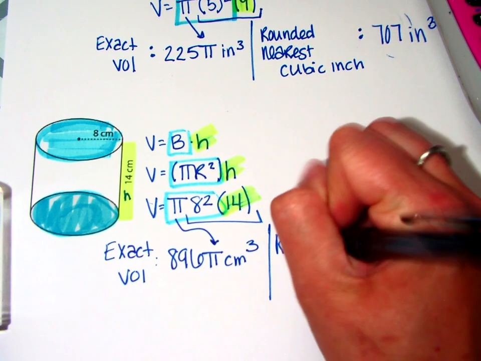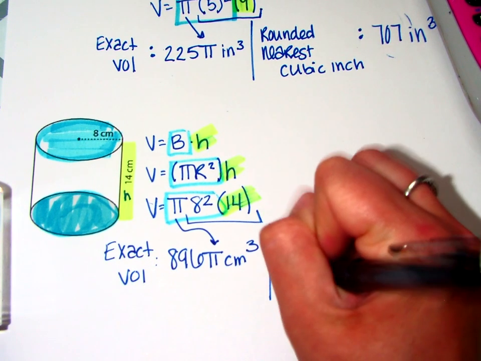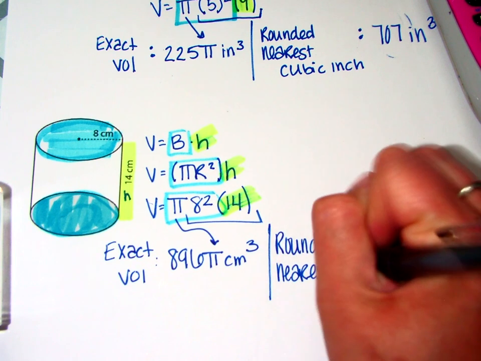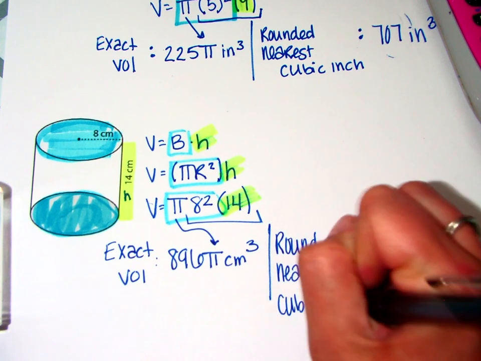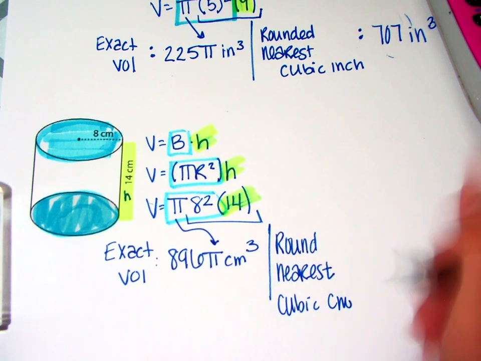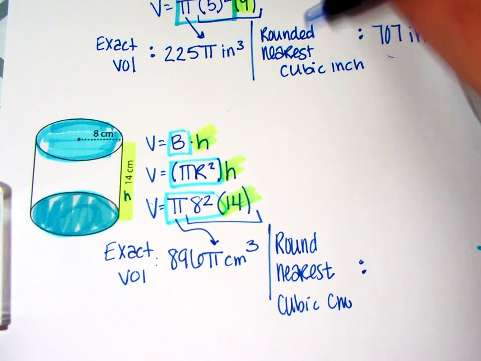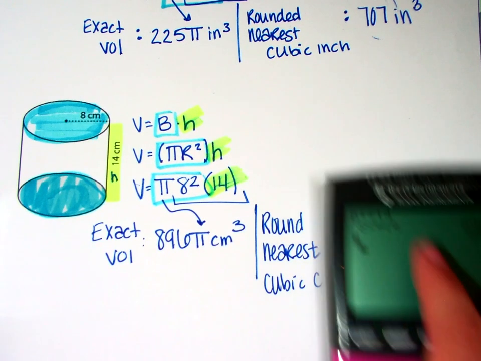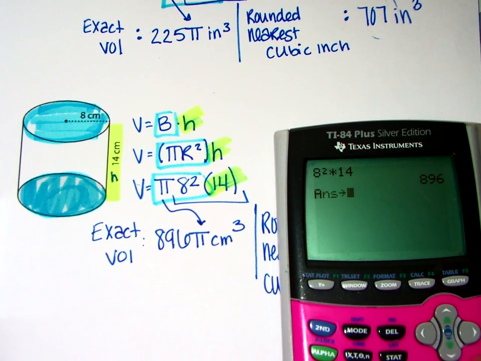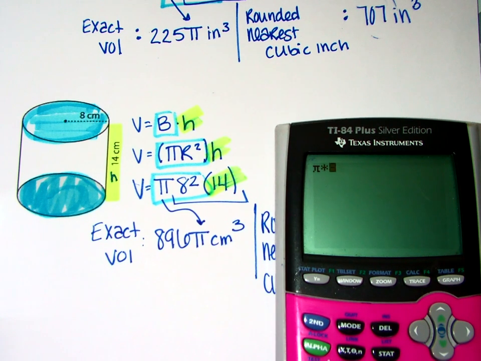Now we're going to round to the nearest cubic centimeter. Okay. So to do that, we're going to type it in our calculator. I'm going to press second arrow to get to pi times 8 squared times the height.